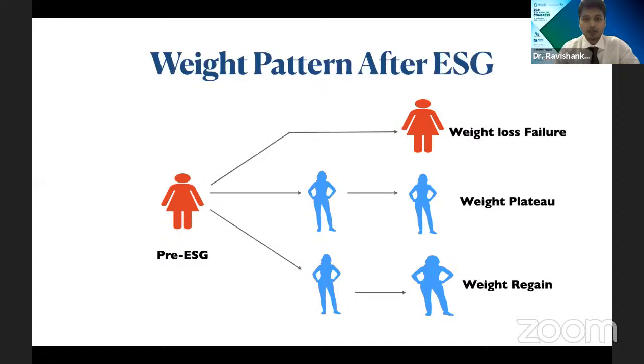So in our experience, we noticed there are three different classes of patients pre-ESG who come for weight management issues. One is weight loss failure. These patients fail to lose weight despite the primary ESG, and there is a weight plateau and a weight regain group.